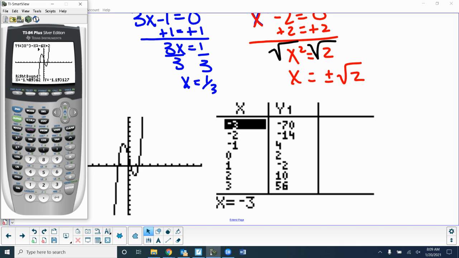All right, so I hit enter, and then right bound above it would be right of it. Okay, because it's going like this. Okay, so left to right. So hit enter, and then the guess. So there's negative 1.4, which is negative radical 2. Okay?